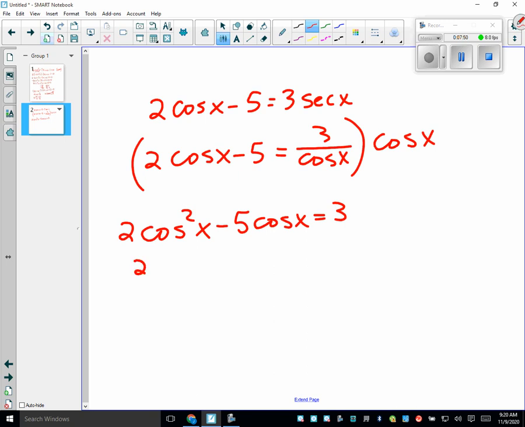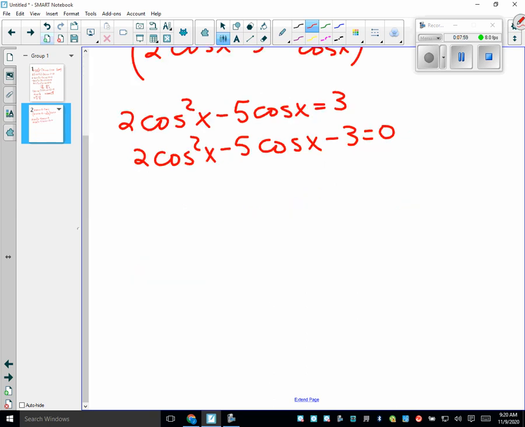Get it equal to 0. Okay. What are my numbers? So would it be negative 6 and 1? Negative 6 and 1, each of them over 2, right?